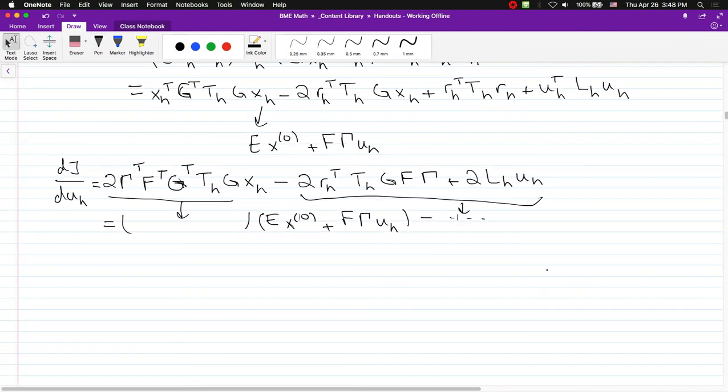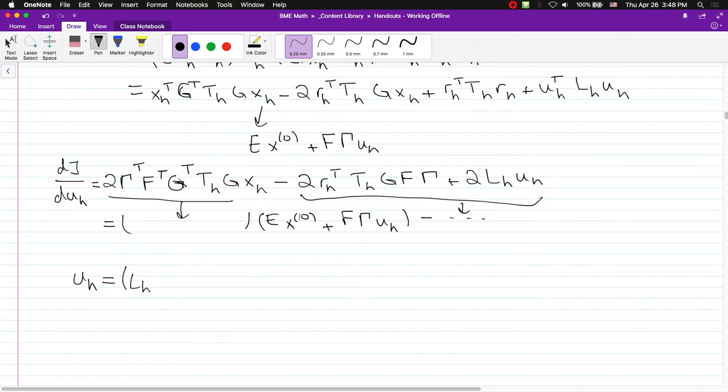Okay, so you solve for UH from this derivative, and we get basically these terms here, and then this term here. Those are the terms that have UH in them.